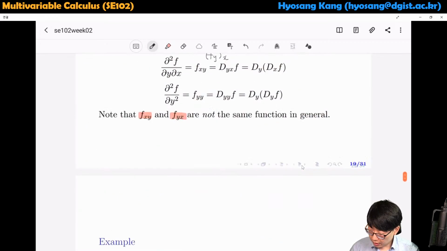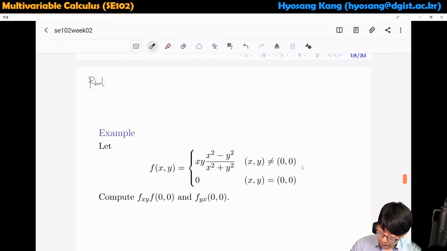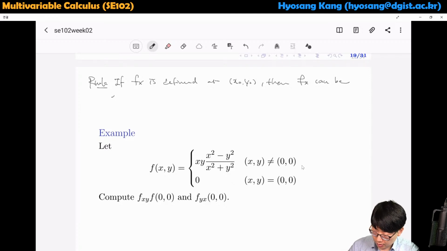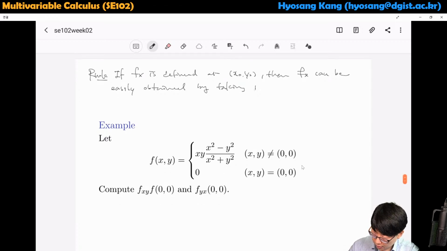Let me give a remark. If the partial derivative is defined at x0, y0, so we know that a partial derivative at that point exists, then this f of x can be easily obtained by taking the derivative of x as if y is constant.